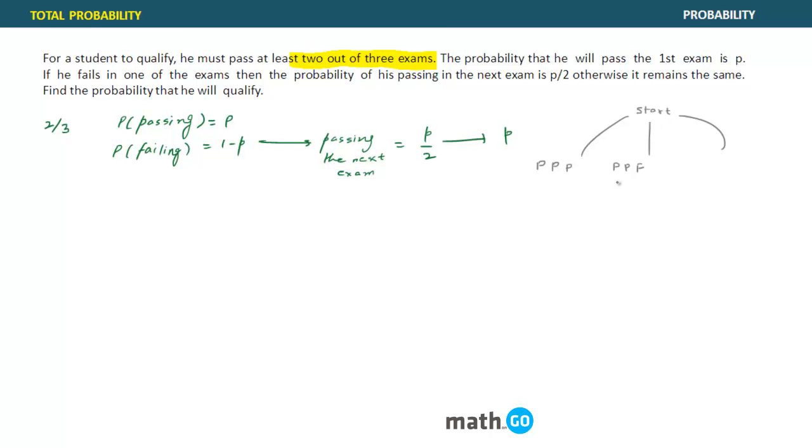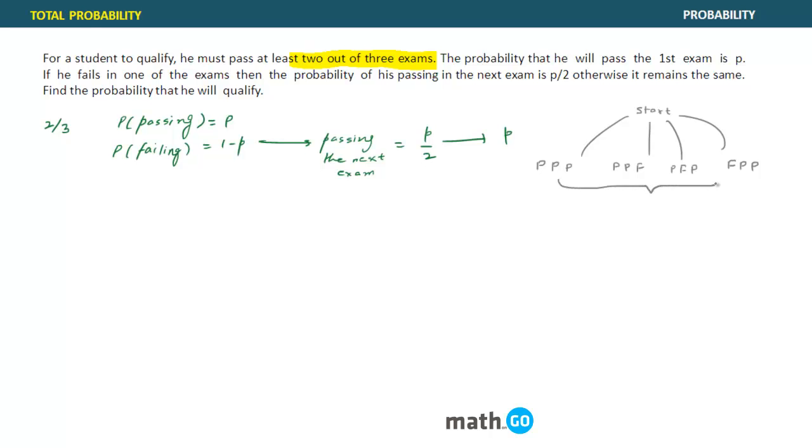This will also qualify you because 2 of the exams have been cleared. Third option is pass the first, fail the second, and then pass the third. And the other option could be that you fail at the first and then pass at the second and the third.